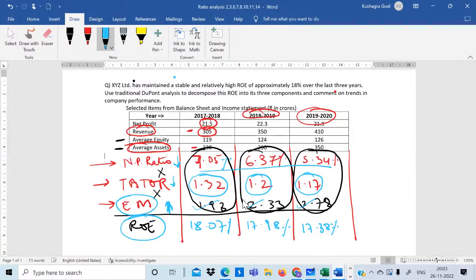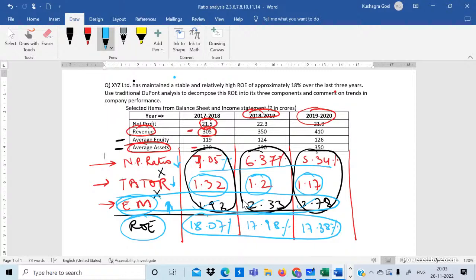Now, fundamentally, the company is not doing well because the profitability is going down, cost is out of control, efficiency is gone for a toss, but still you're able to generate good returns for your shareholders, and you're giving them a return of close to 17.5%, 18%. And that is because you've got too much exposed to debt.